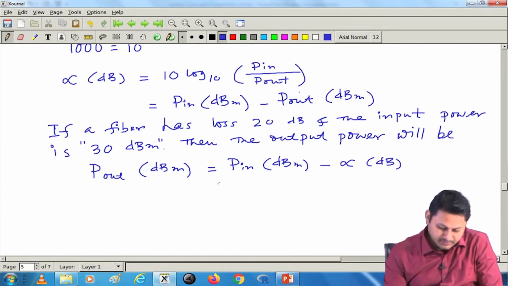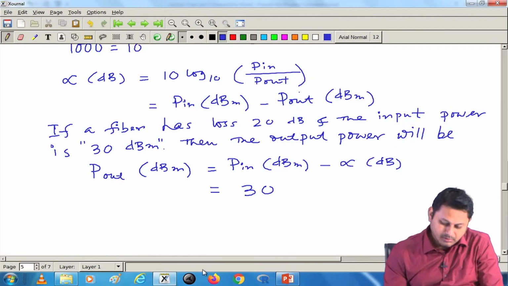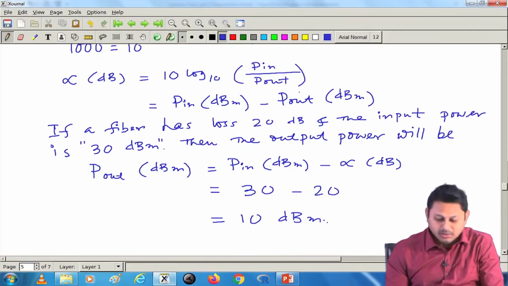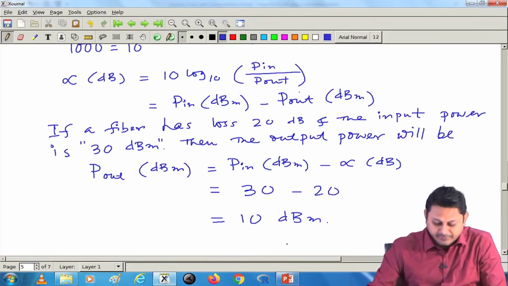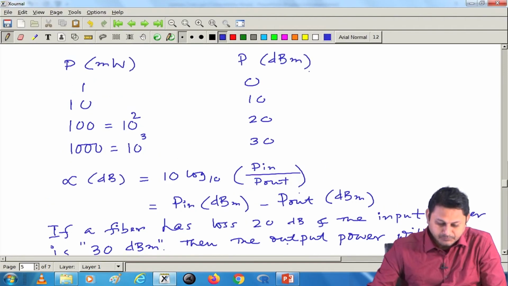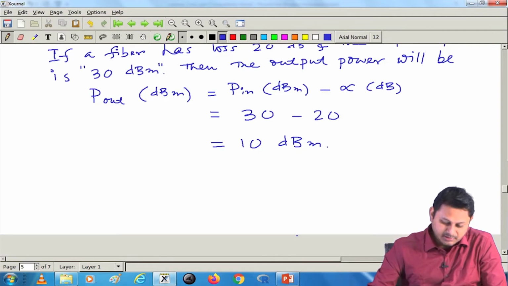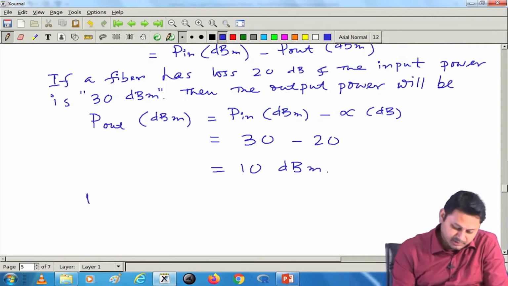So, this quantity is 30 and alpha is 20, given. So, we have 10 dBm. So, at the output I have 10 dBm power.